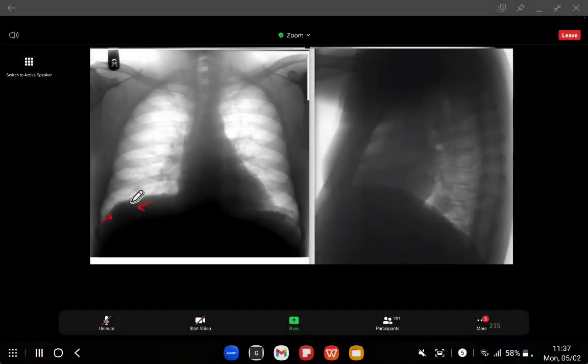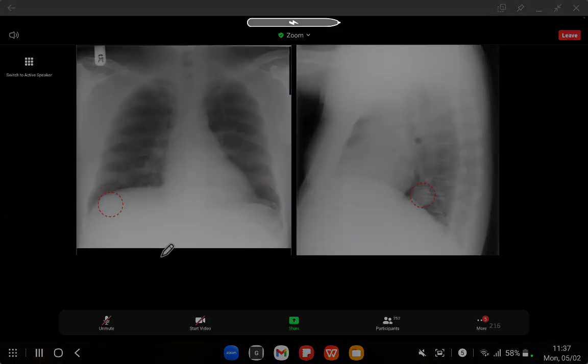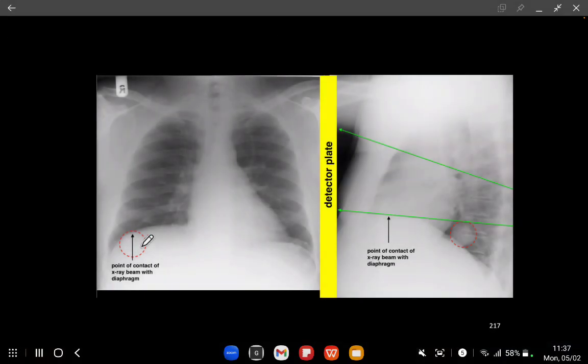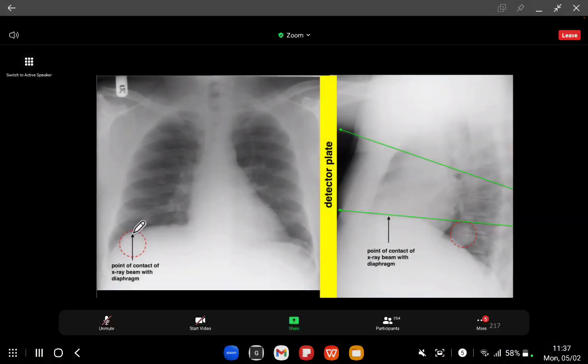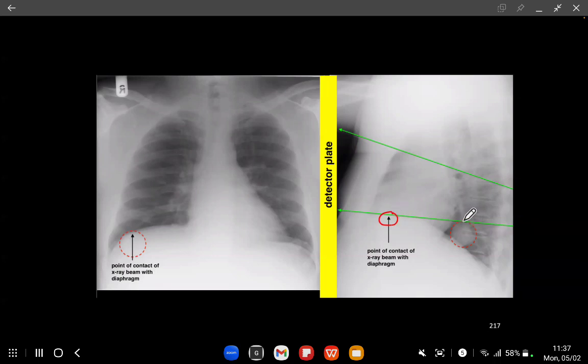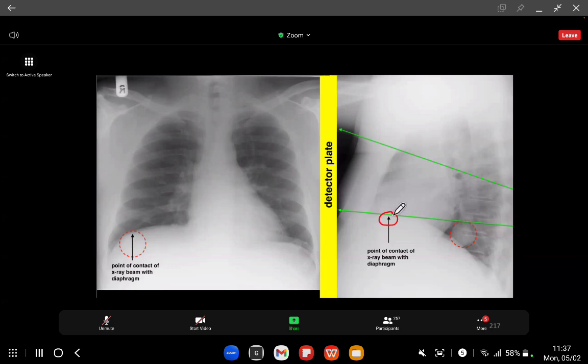Now, why can you see the diaphragm, and why does this appear below the diaphragm? Well, simply it's because the point of contact of the X-ray beam with the diaphragm is tangential at that point there. And the lesion is below the ray that is tangential to the point of contact.